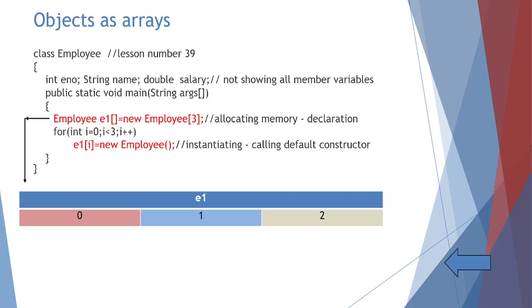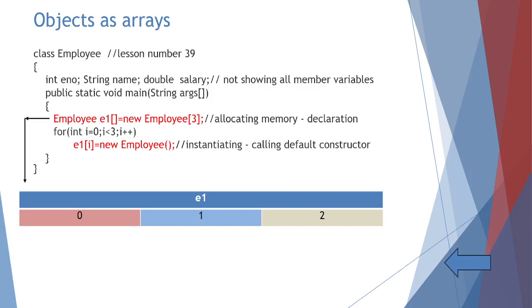This is the declaration. See the picture, e has parts 0, 1, 2. But actually, memory is not allocated. Memory is allocated with the help of a constructor. So, in a for loop, why?